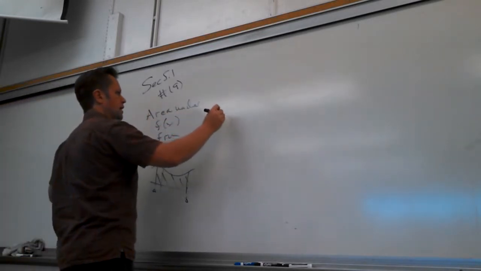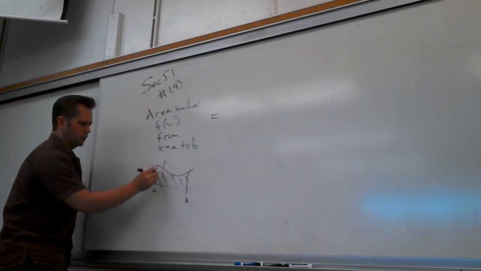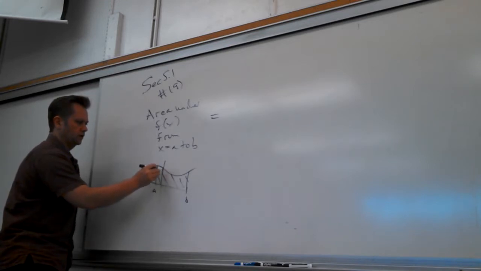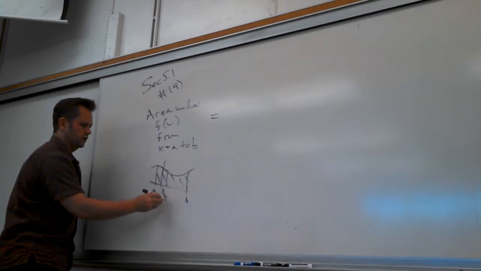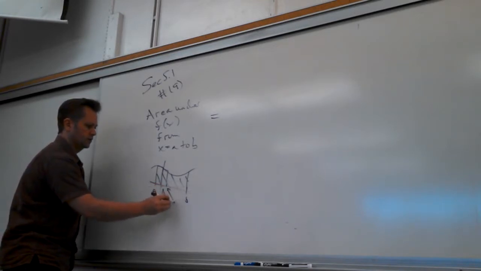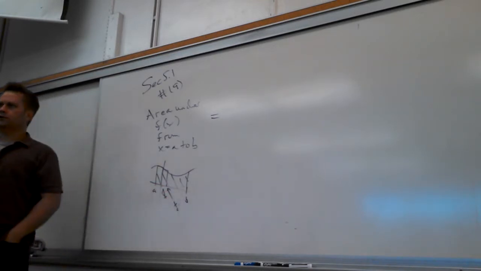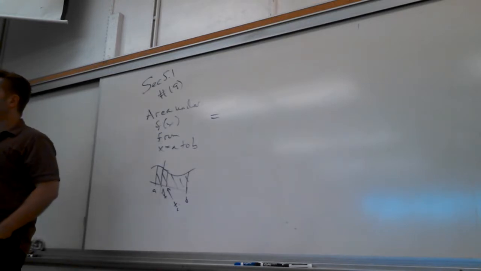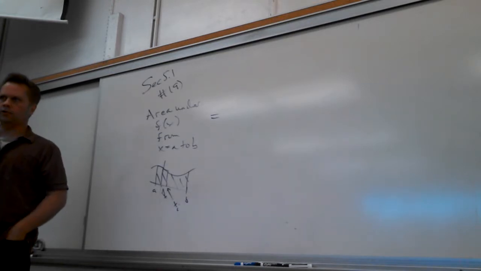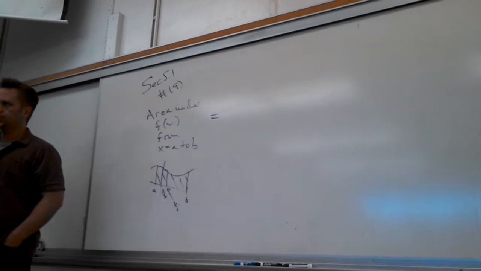That is given by, now we've seen this before, where we break this up into rectangles. I'm going to break it up into n rectangles. So there's a width to it, and there's x1, x2, x3. I just call it xi for in general. Are we all good? We did that concrete example last time.